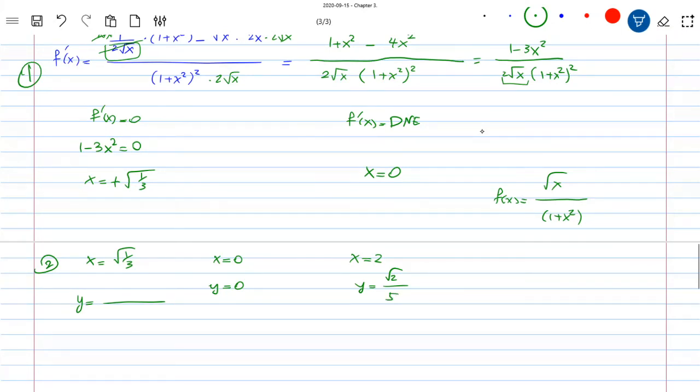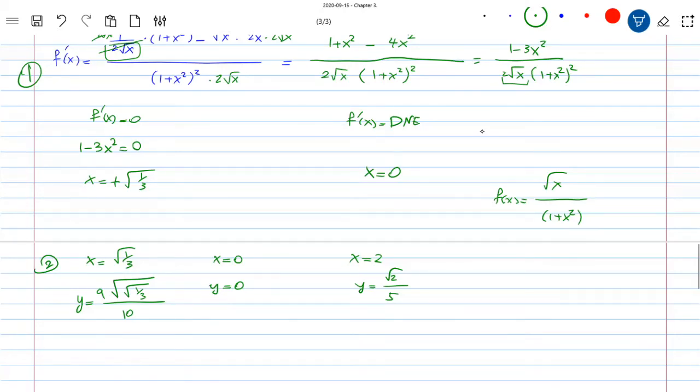Sometimes I make these mistakes. Be careful. You'll get square root of 1/3 divided by 1 plus (1/3) squared, which is 1 over 9. So you'll get 1 plus 1 over 9, which is 10 over 9. You can multiply the 9 in the numerator and denominator and simplify. So you'll get 9 times that divided by 10.